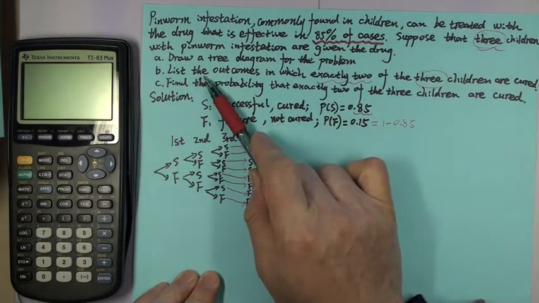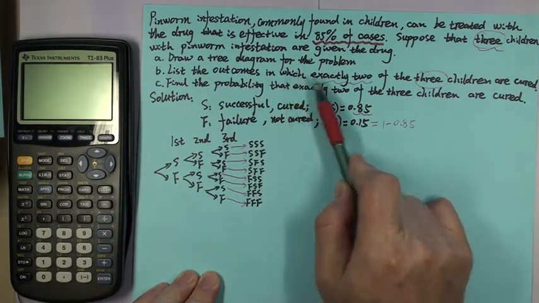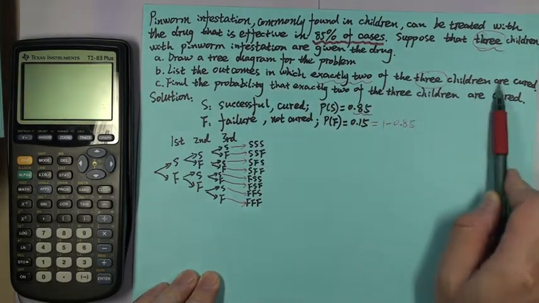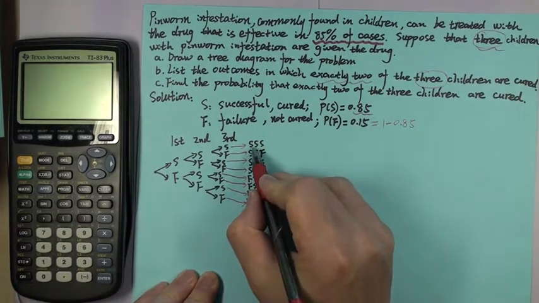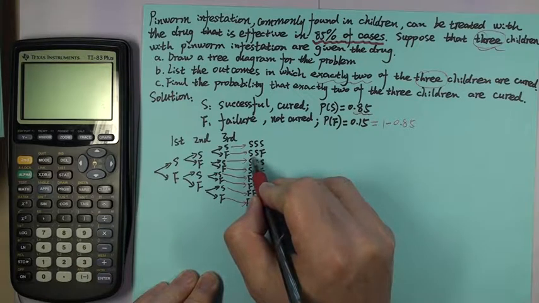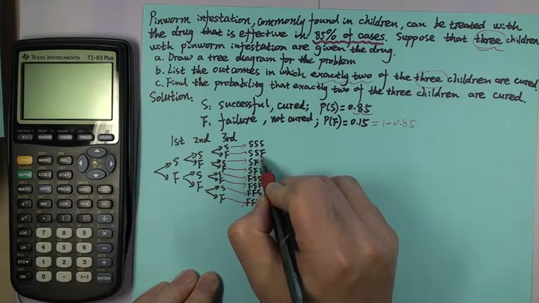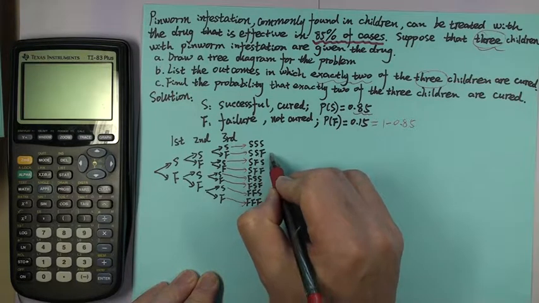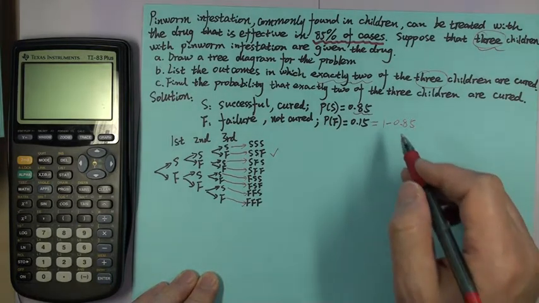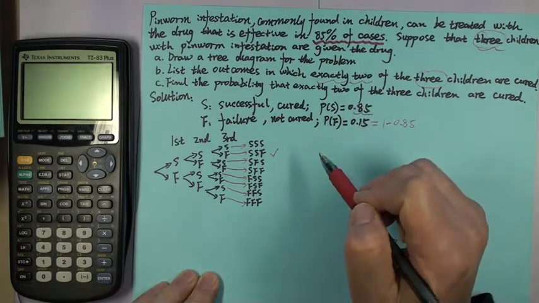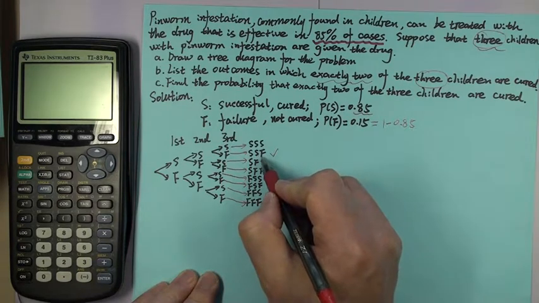Now, list the outcomes in which exactly 2 of the 3 children are cured. You see, this one is all cured. This one, the first 2 are cured, the third one is not. So this one will be one of the cases, because here exactly 2 are cured.